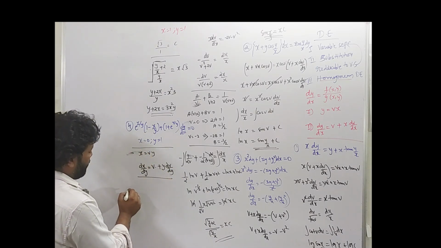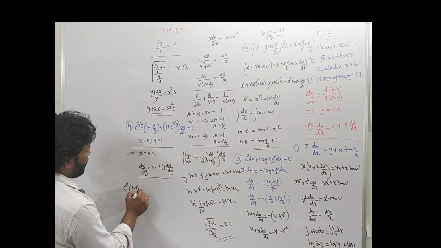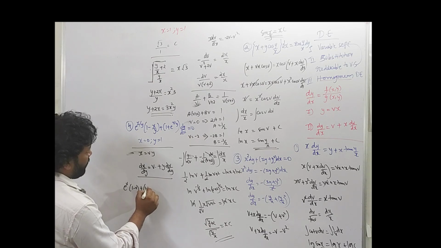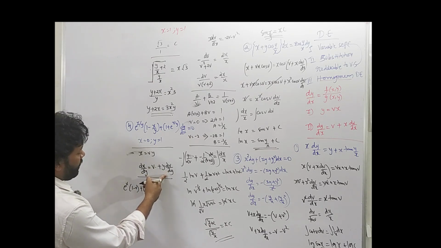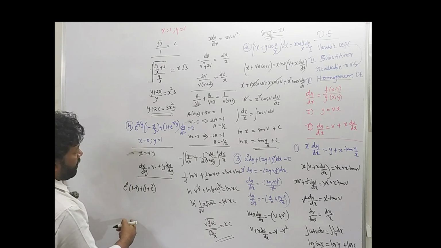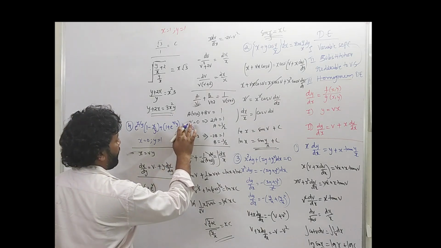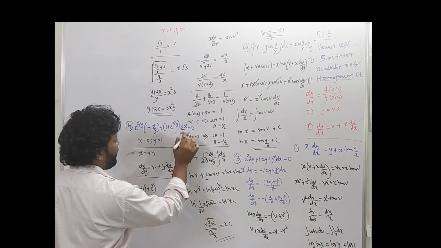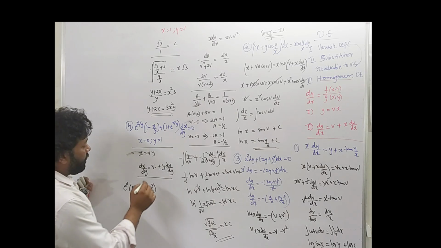So let's use this substitution, e to the power v (1 minus v) plus (1 plus e to the power v), and dy by dx we want, right? No, the question here has dx by dy. So we want dx by dy. Let's substitute.